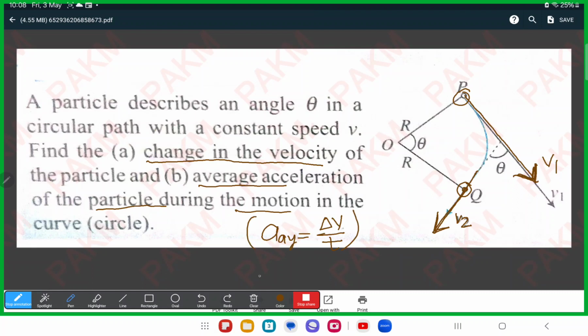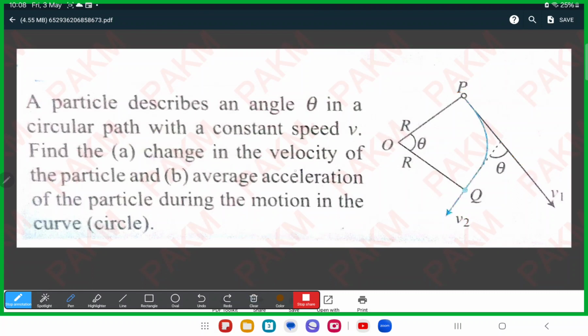So the most important thing is how to calculate the change in velocity between two different points: it would be v2 vector minus v1 vector, this change of velocity upon time taken.